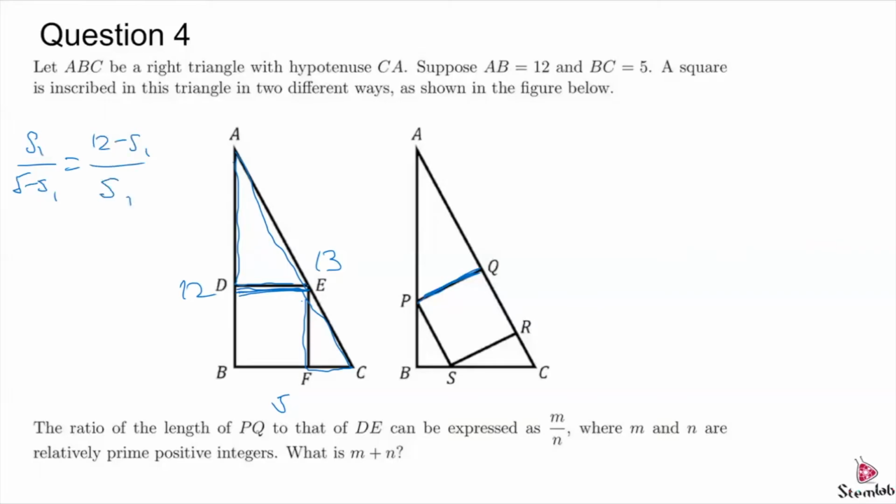Okay, cross multiplying, we get side 1 squared is equal to 60 minus 17 S1 plus S1 squared. Simplifying that, we get S1 is equal to 60 over 17. So that is DE.